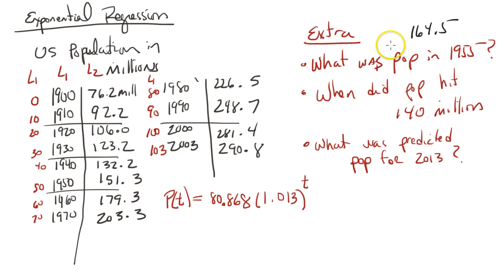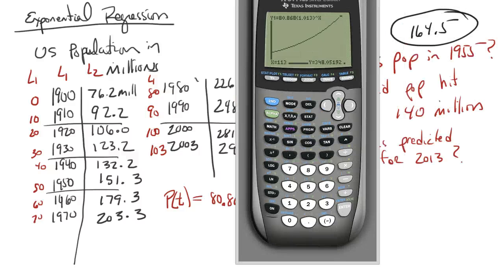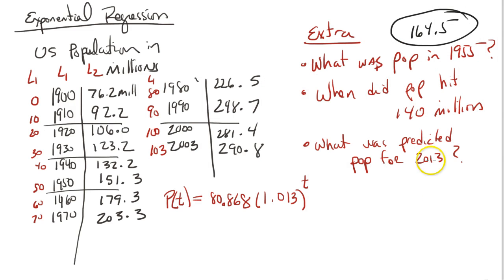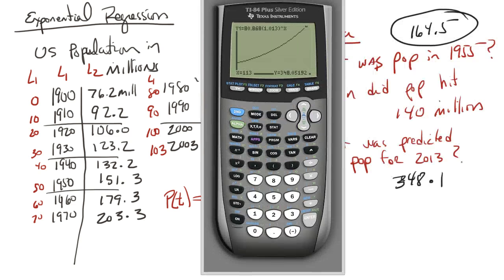Yeah, that's right there in the middle, so that's good. And 2013, just press trace, and that'd be 113 for the x value. So 2013 should be ballparking 348.1, 348.1 million. That's the prediction.